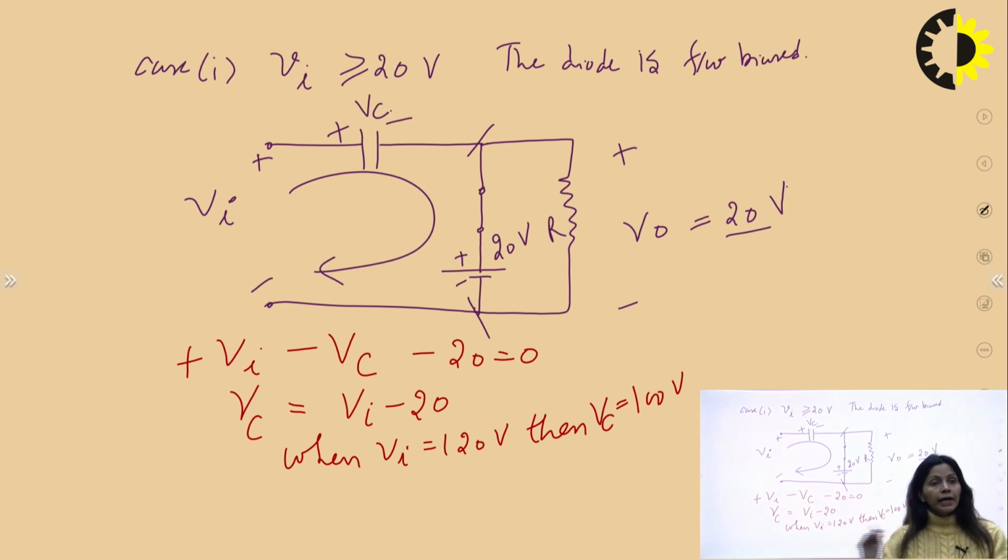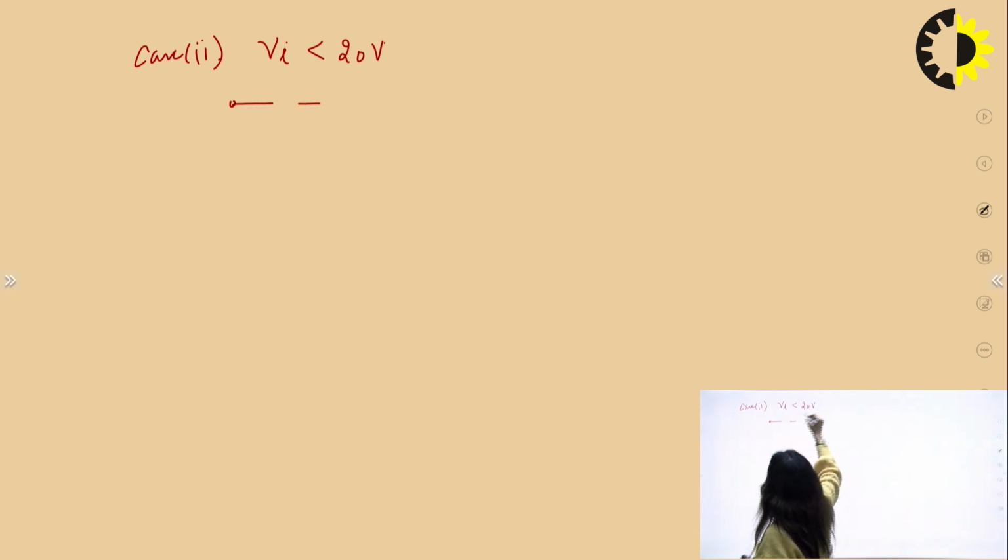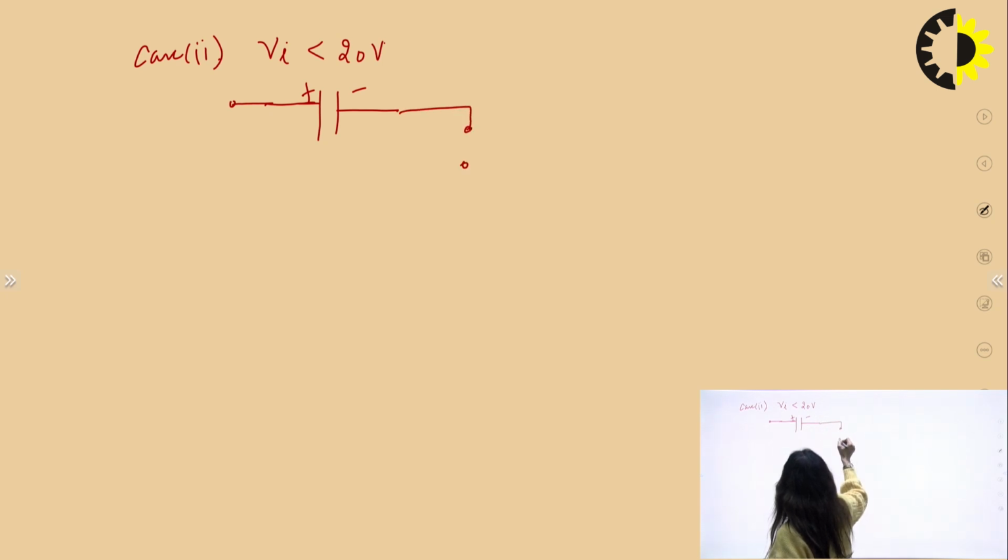Now we will go to that cycle where the diode gets reverse biased. Case 2. At that time the capacitor has been charged like this and the diode is reverse biased, it is open.